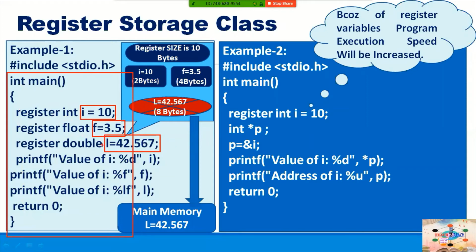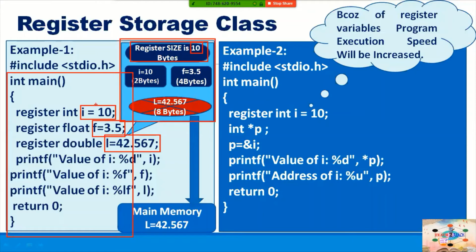These three variables are declared with the register storage class. This is actually the CPU register memory. Let us assume its size is limited to 10 bytes.